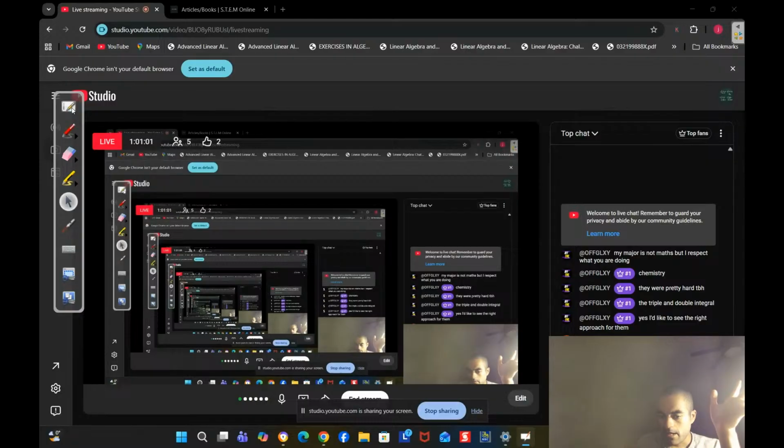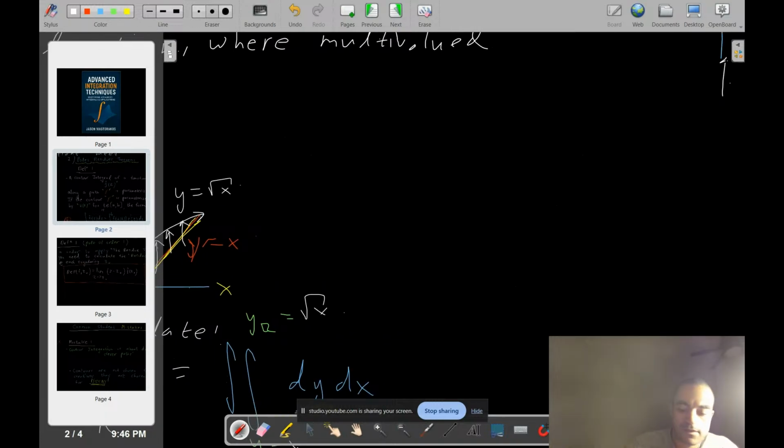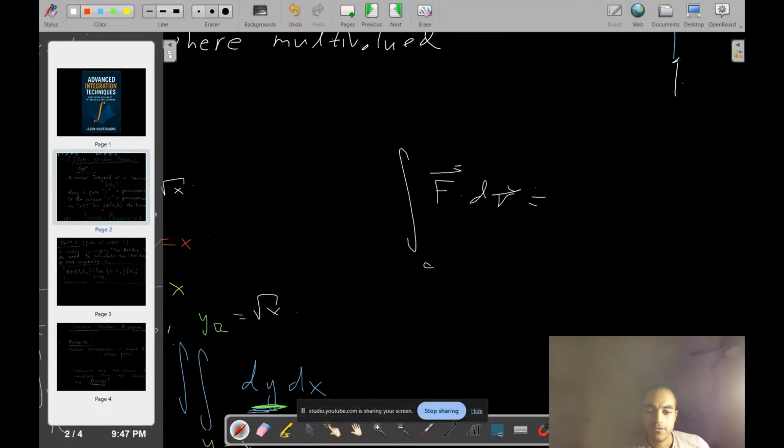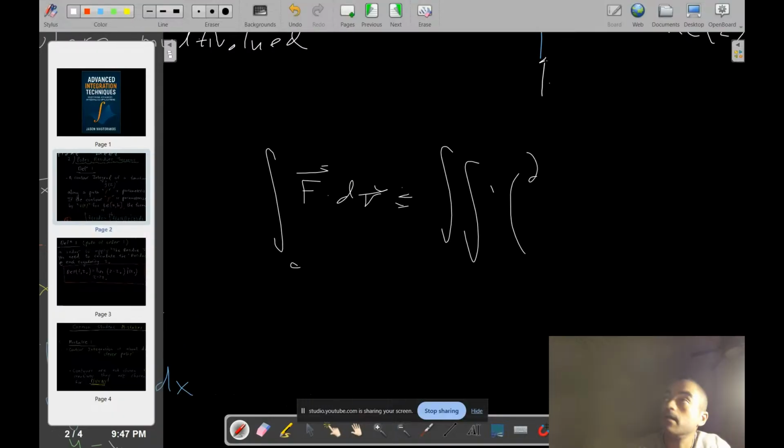Let's say you had a line integral. I know I'm getting into vectors and stuff like that, but you've probably seen line integrals of a vector field, the integral of F dot dr. This is also equal to Green's theorem, a double integral of, what is it again, dQ/dx minus dP/dy, dx dy.